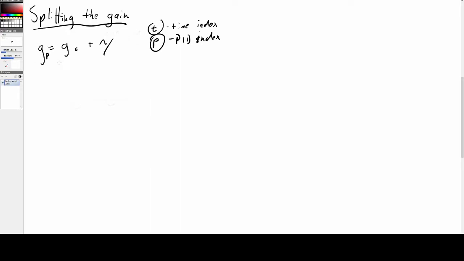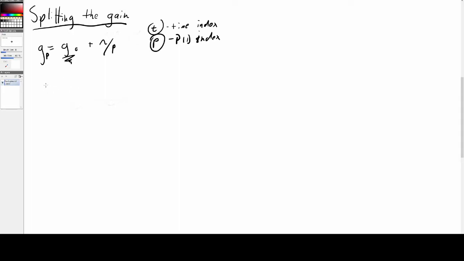So since the gains are allowed to vary only on the scales of separate PIDs, we will use P as the subscript for these. G naught is going to be constant for all PIDs, so we don't add a subscript to that.